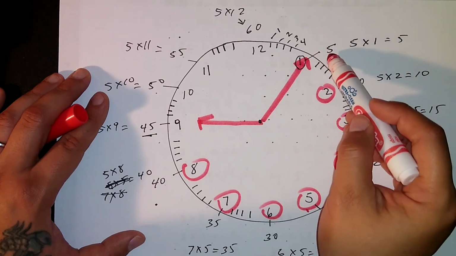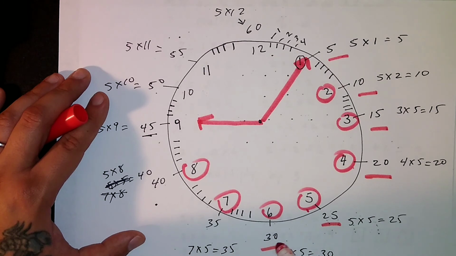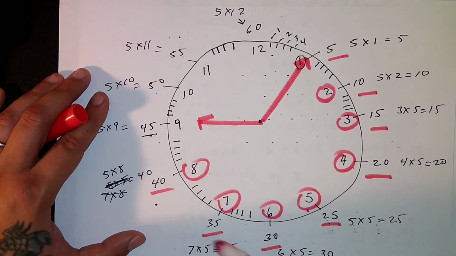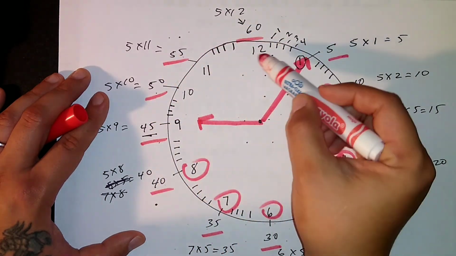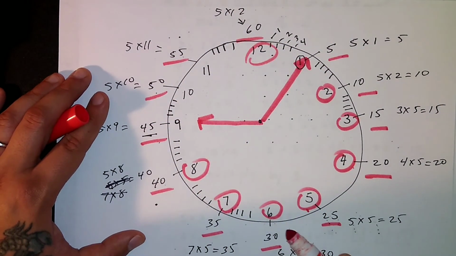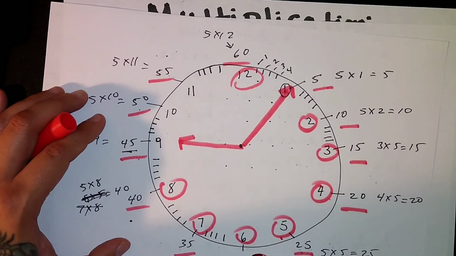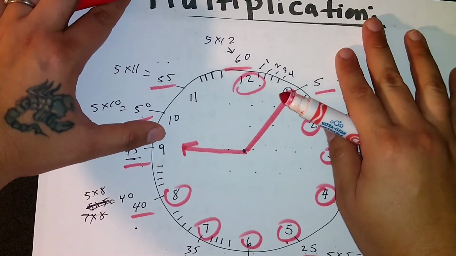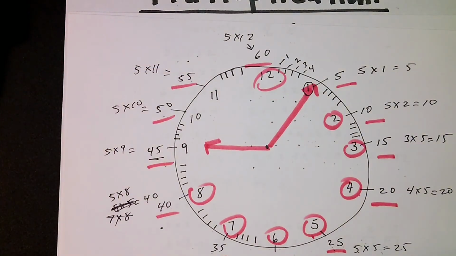When you're counting them, they're going by 5s. 5, 10, 15, 20, 25, 30, 35, 40, 45, 50, 55, 60 until we reach 12. Okay, so that's a technique on how to learn how to multiply by fives by using the clock system, using the clock.